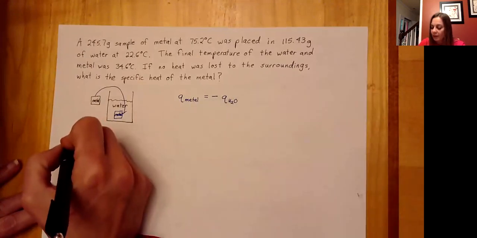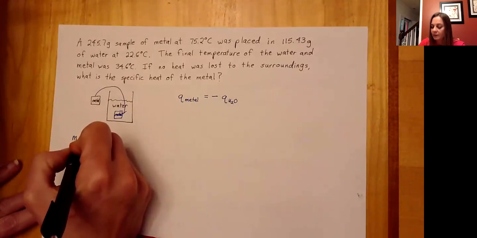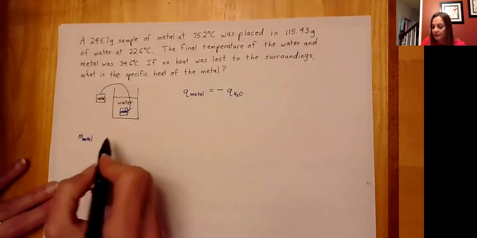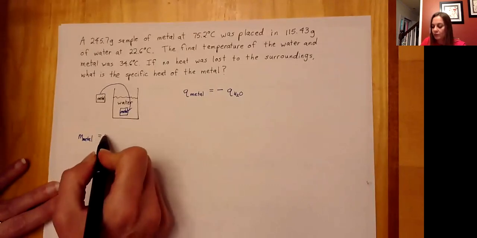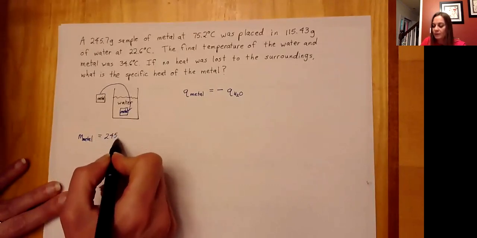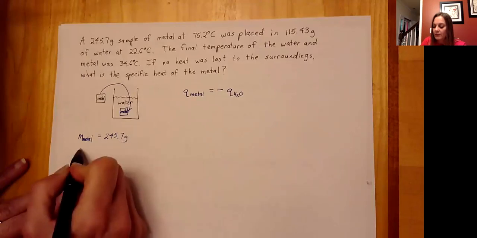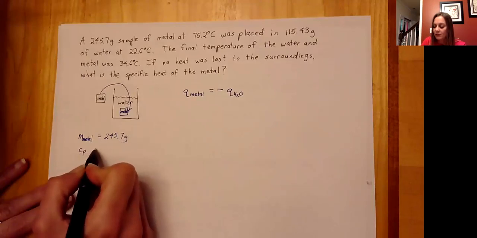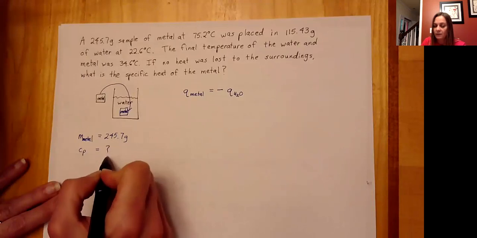So for the metal, the mass of the metal is equal to 245.7 grams. The CP, or the specific heat of the metal, is what we're trying to find.